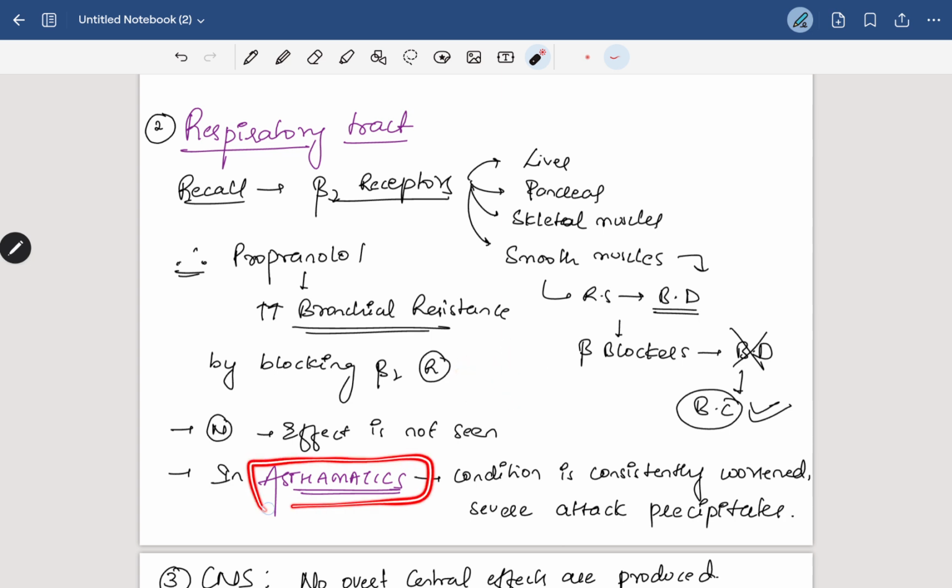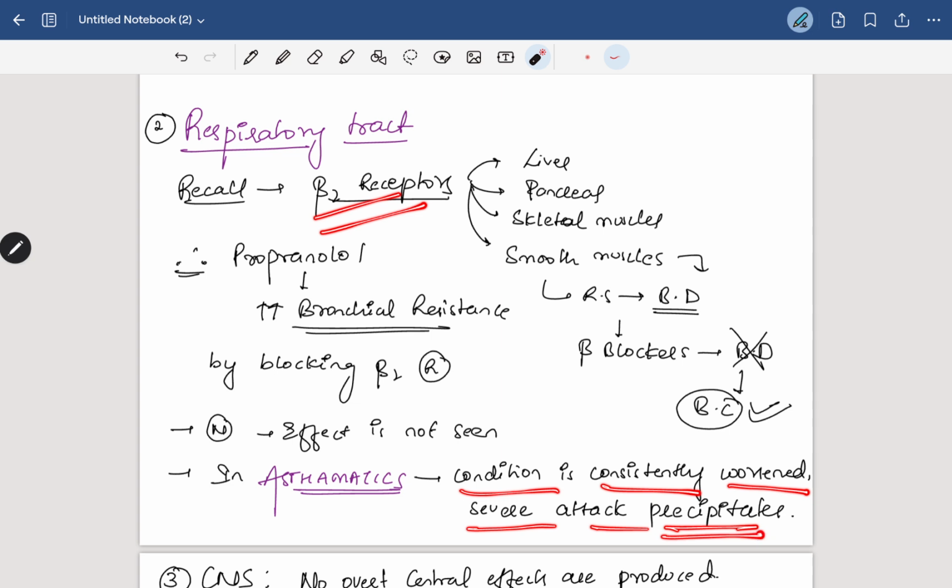But in asthmatics, asthma is already because of bronchoconstriction, and you're blocking the bronchodilation, which would have given some relief to asthma patients. So now there's an increase in bronchoconstriction. In this condition, if we give beta blockers, the condition is consistently worsened and a severe attack will precipitate.